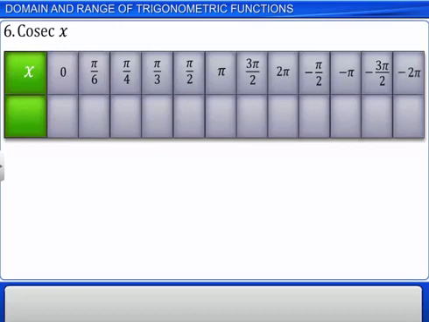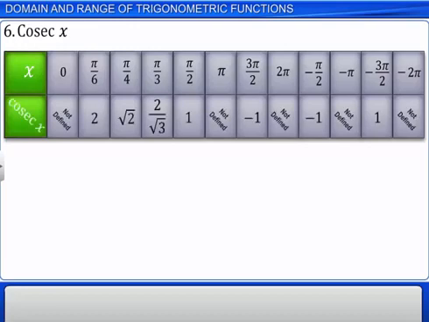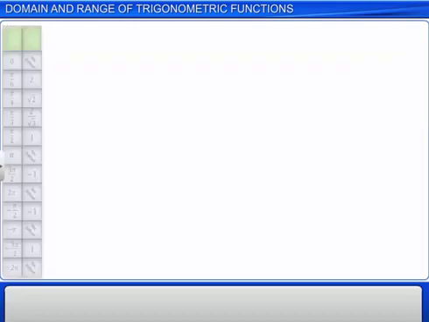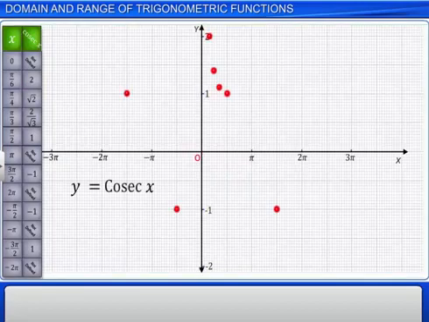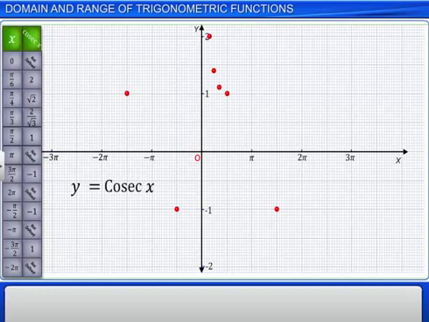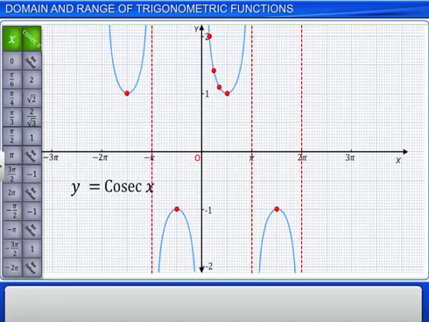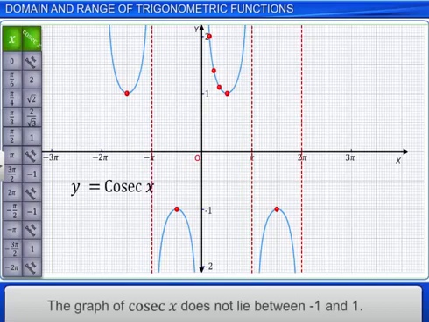The corresponding values of cosecant x are as shown. On plotting the values of x on the x-axis and the corresponding values of cosecant x on the y-axis, we get the graph of cosecant x. Observe that the graph of cosecant x also does not lie between -1 and 1.